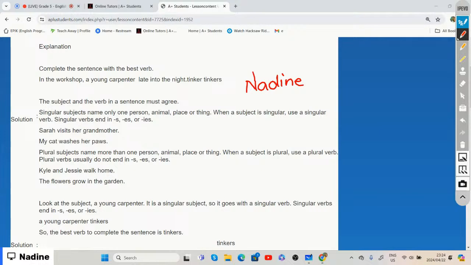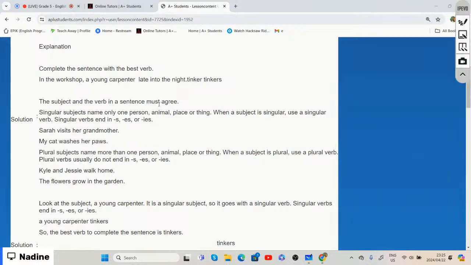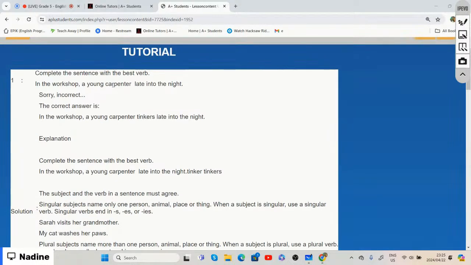All right. So, like we said, it needs to agree with one another. And if we look at an activity, it says we need to complete the sentence with the best verb. We are going to now complete the sentence with the correct verb.